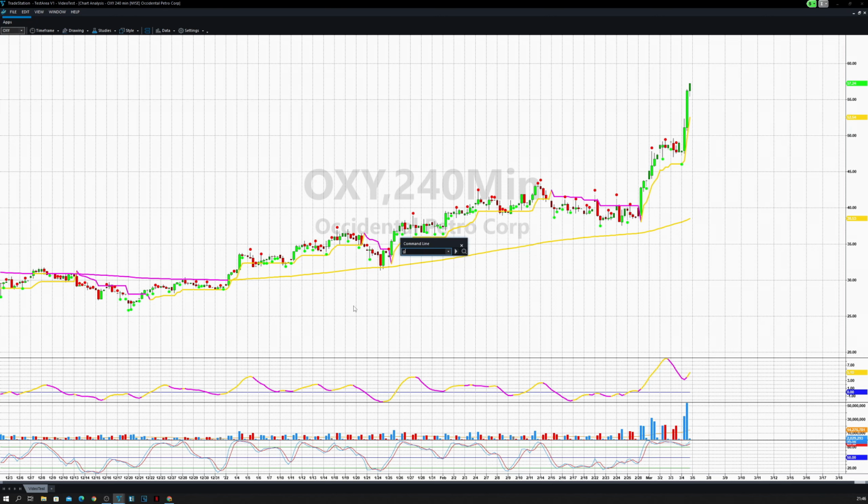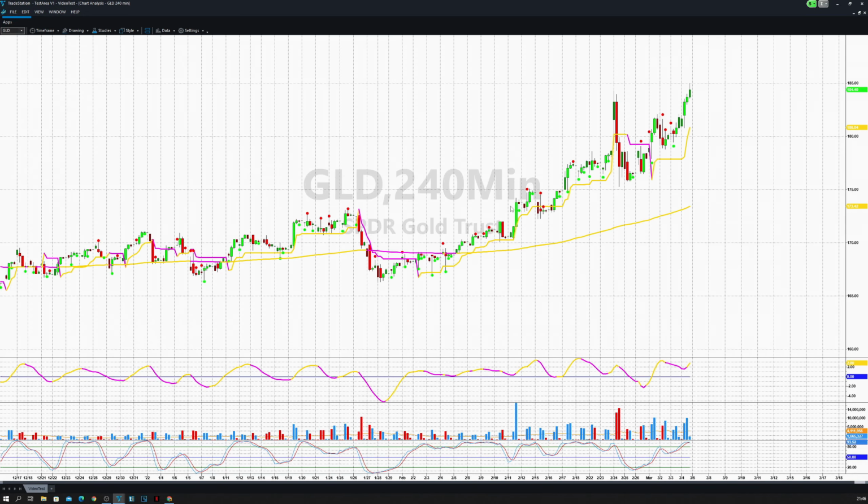Let's check the gold. This is the gold ETF. Again, 185, it managed to break this. This is in the post hours. You can see the volume. You can see the divergence here.